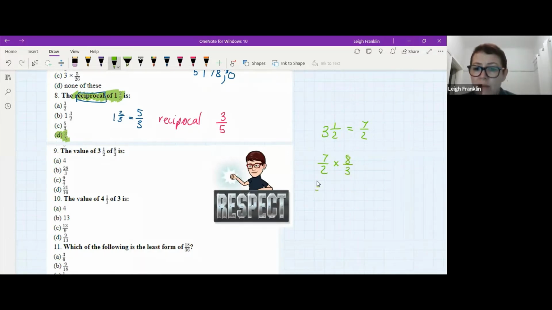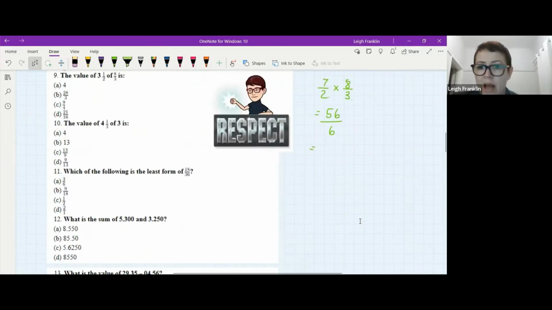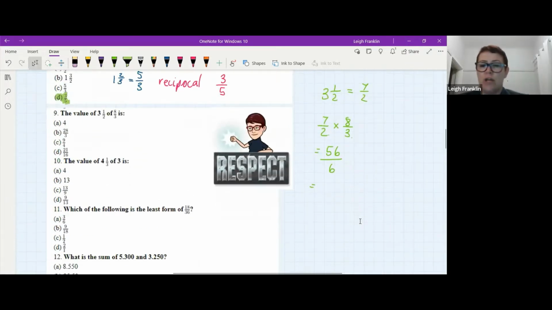When we multiply fractions, we multiply numerator with numerator and denominator with denominator. So that's what we should have as our answer. We should have 56 over 6, but we can see here these answers have been simplified. So that means we need to simplify as well.